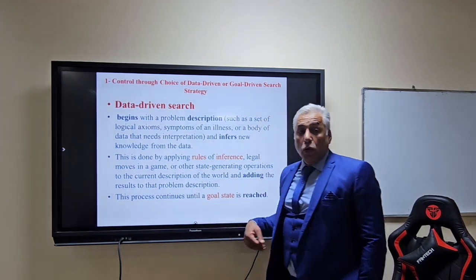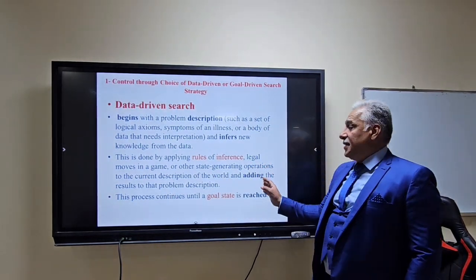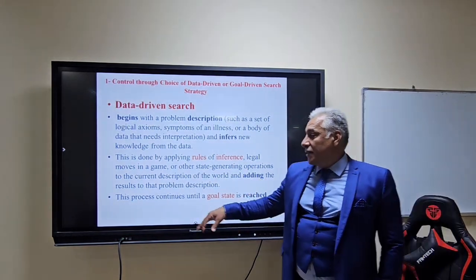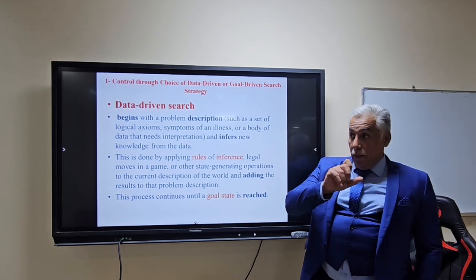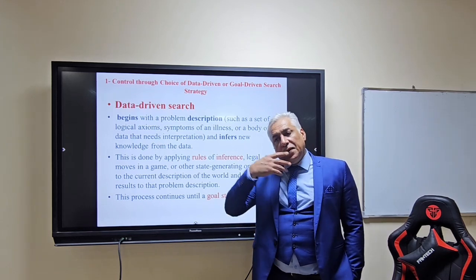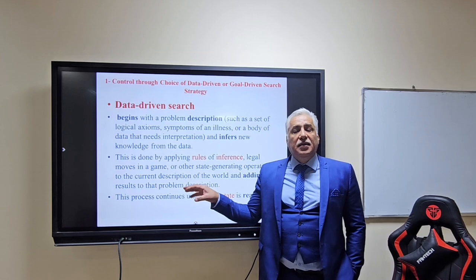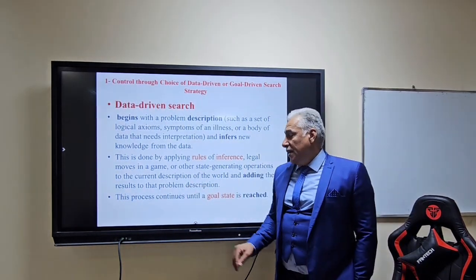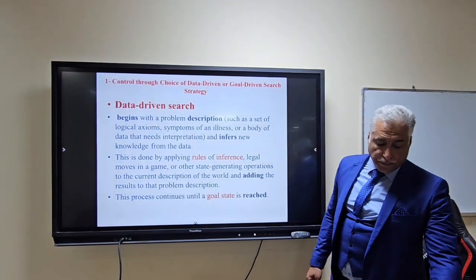This is done by applying rules of inference, legal moves in a game, or other state generation operations to the current description of the world, and adding the results to the problem description. The result of applying these rules is added to the working memory. This process continues until the goal state is reached.